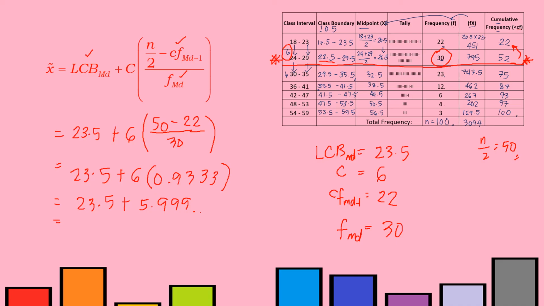I'm sorry, this is 5.59. Okay? And then, let's try to add the 23.5. The answer is 29.09. Okay? So, this is the median of this group data.